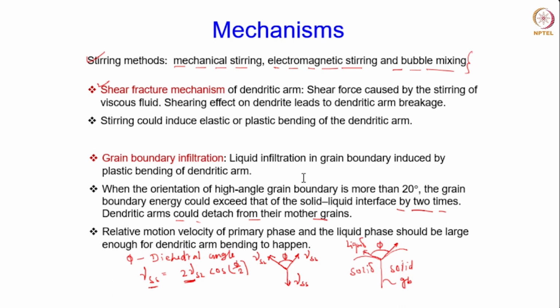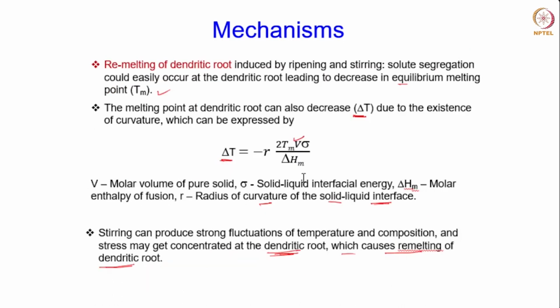And then we talked about another mechanism which occurs through the remelting of the dendritic roots as a result of segregation of solute atoms, leading to a decrease in the melting point.